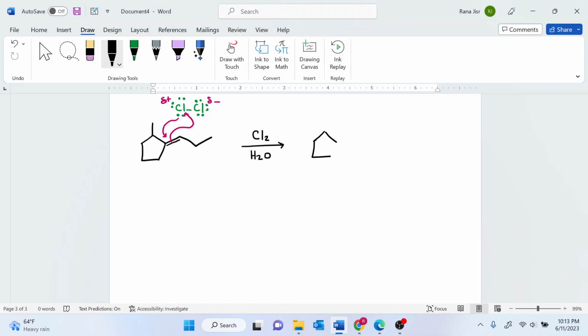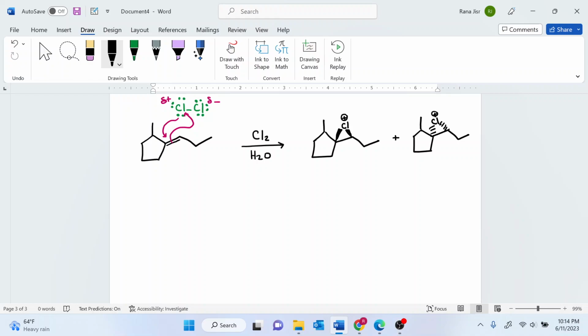And the cycle is going to be either formed from the top, or it's going to be at the back. It's exactly the same thing. So I'm going to have my chlorine in here, and the cycle is going to be formed at the top. Don't forget your plus charge, plus the cycle is going to be formed at the back. Okay, don't forget any of your groups in there.